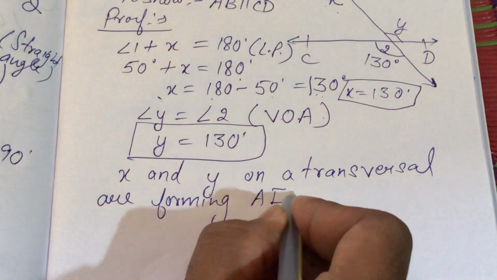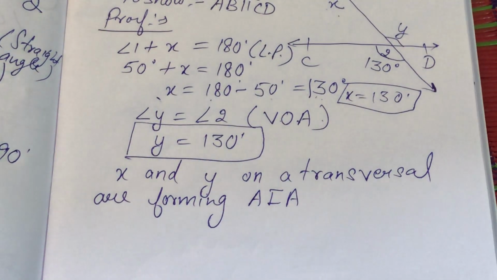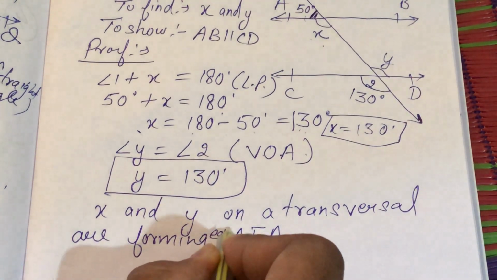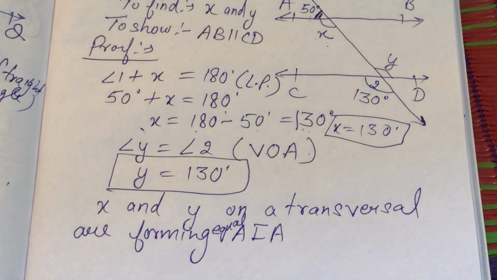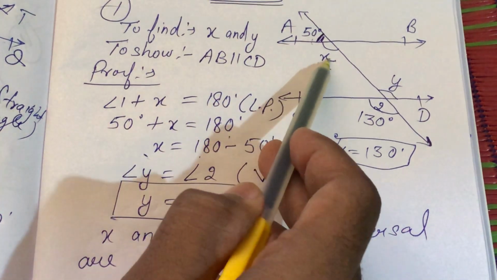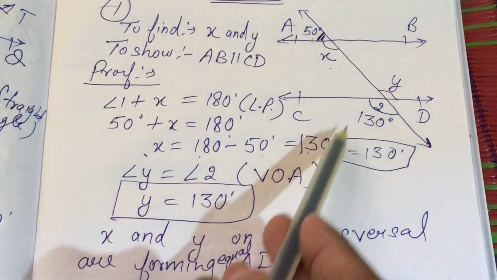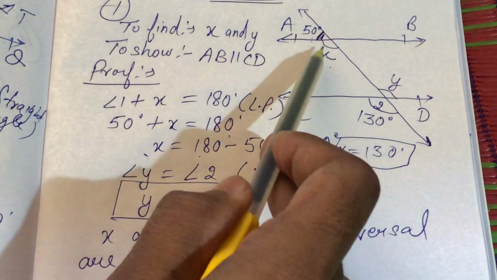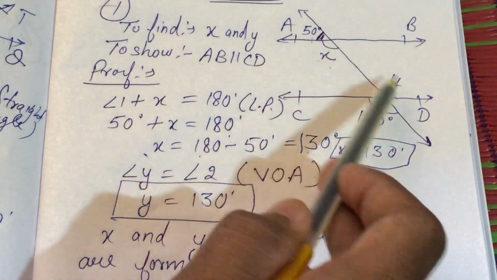Alternate interior angles. And which kind? Equal alternate interior angles. I'll write equal alternate interior angles. देख लो x कितना है 130, y कितना है 130. तो 130, 130, that means equal alternate interior angles are there.